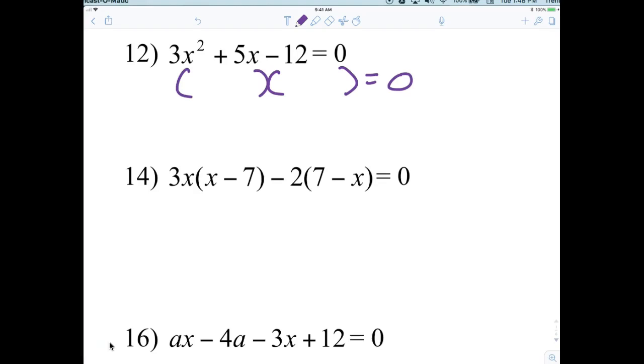Hold up a second. 15 more seconds. Come on. If you're already done, go down to 14.